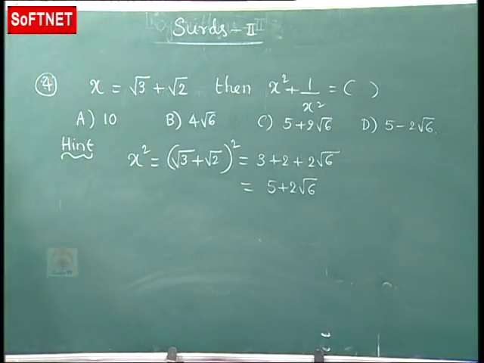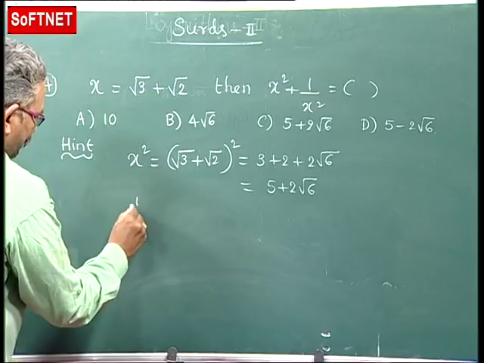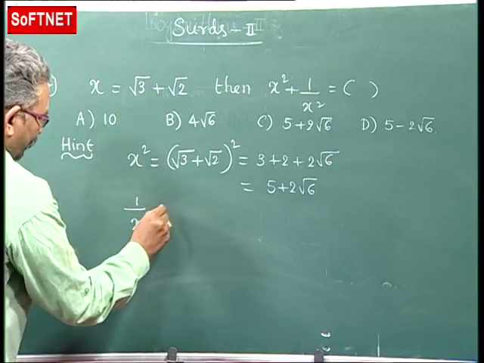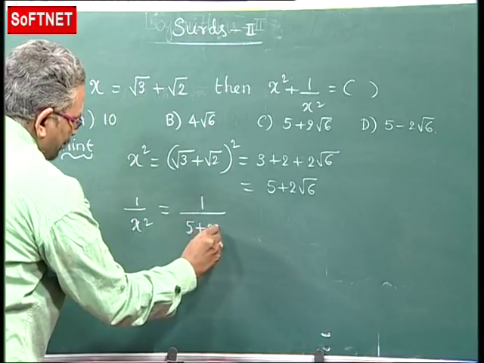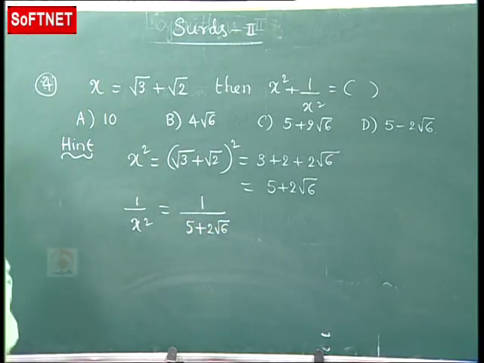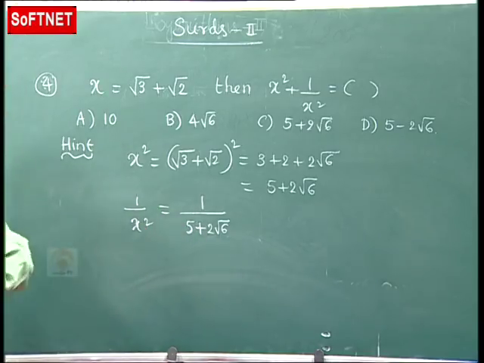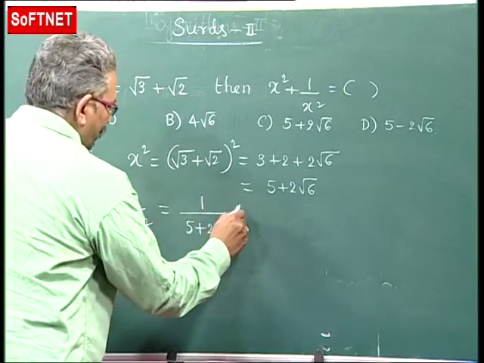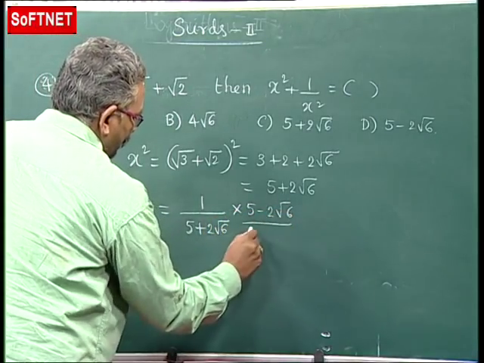Now let us find out the value of 1 by x square. 1 by x square, that is 1 by 5 plus 2 root 6. Let us rationalize this, 5 plus 2 root 6 with 5 minus 2 root 6. So 5 minus 2 root 6 by 5 minus 2 root 6.